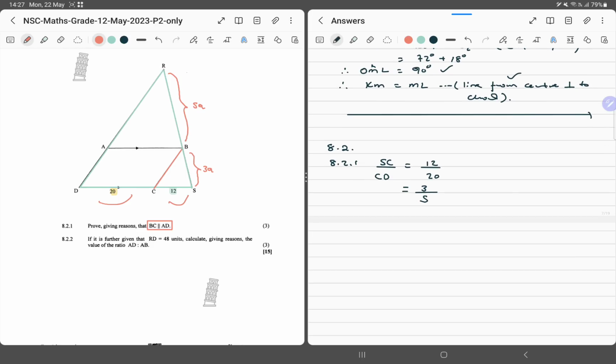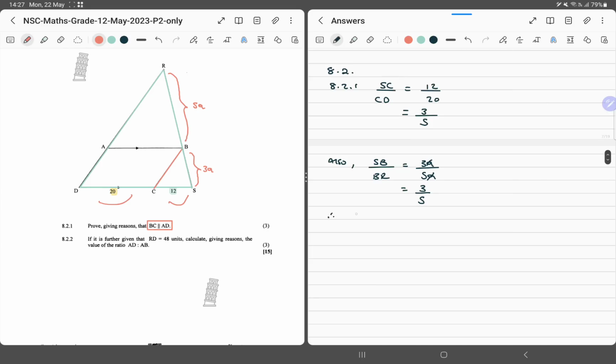And then we can say also, we know that SB over BR is going to be 3a over 5a. This is the same as 3 over 5, as the a's will cancel. Great, but now what do we see?